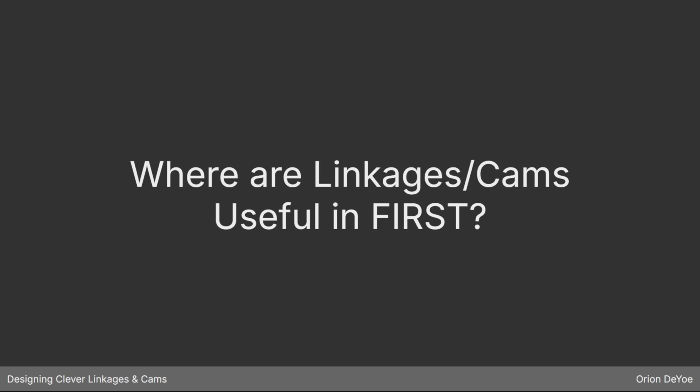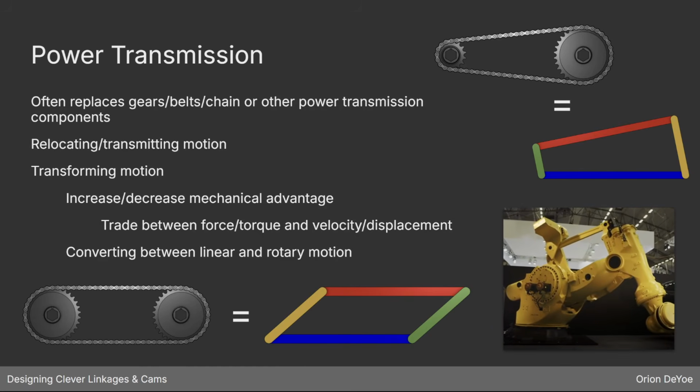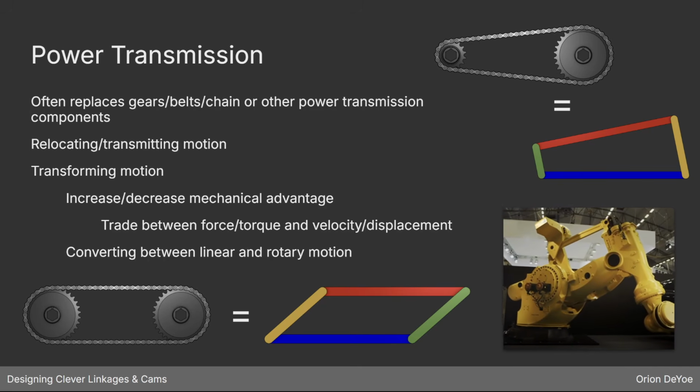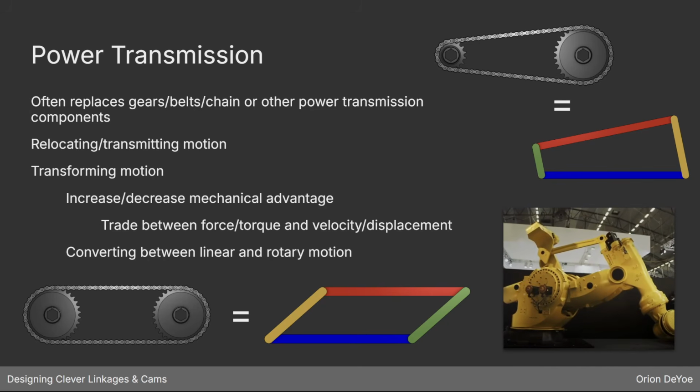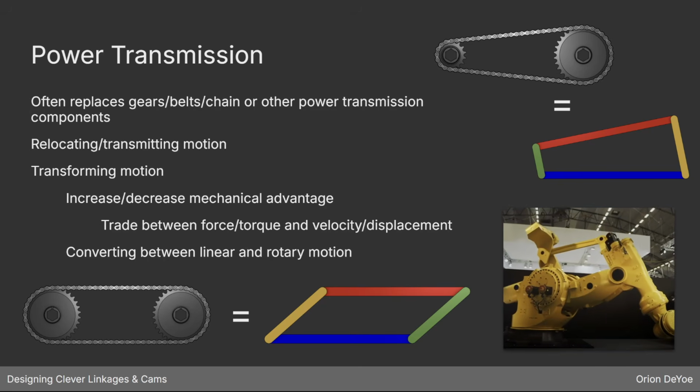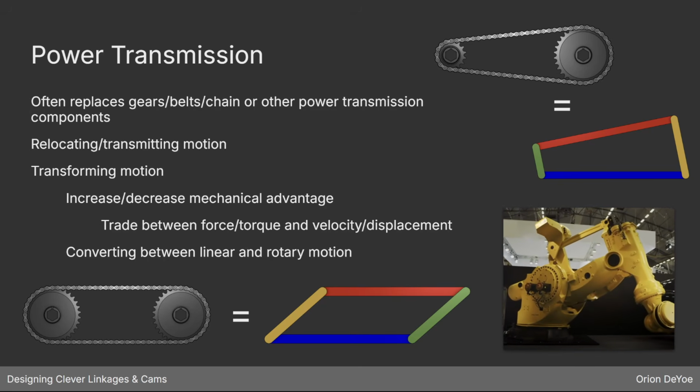All right, so we're going to talk about where these might be useful on First robots. So at a high level, linkages and cams are a method of power transmission, right? You can think of them in the same way that you think about gears or belts or chain or any other power transmission method. And so they're used for the same things, right?